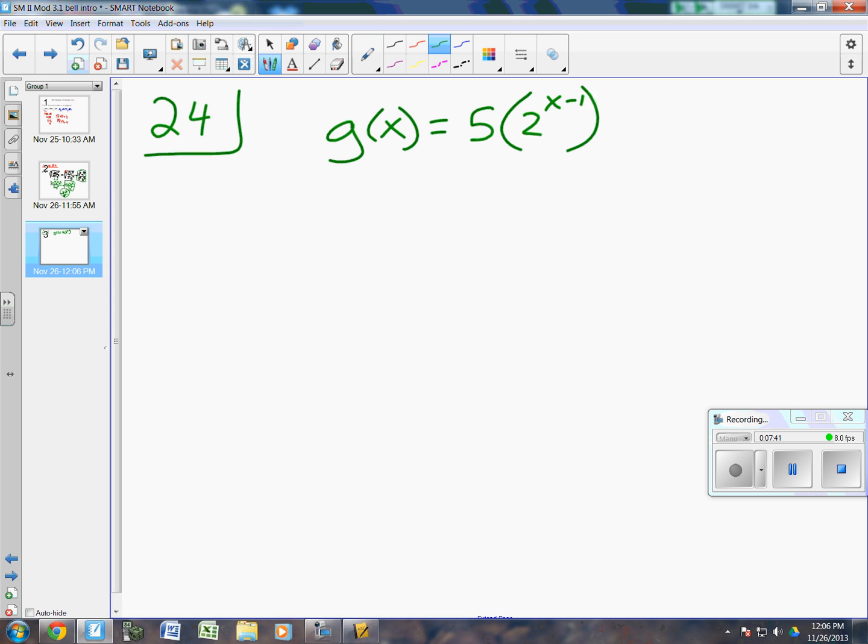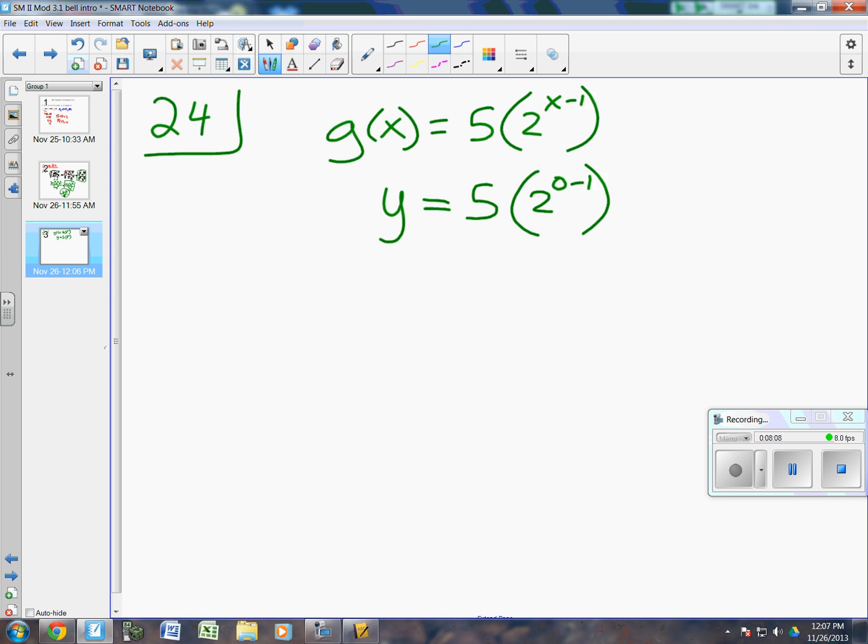Now, do you guys remember how we find x-intercepts or y-intercepts? Yeah, we plug a 0 in for the opposite one we want. So if we want the y-intercept, let's do the y-intercept first. If I want to know what y is, I'm going to replace g of x with y. I'm going to plug 0 in for x.